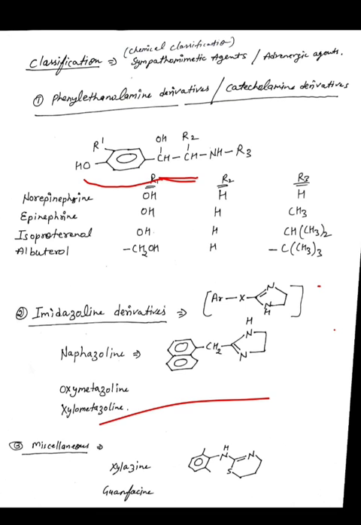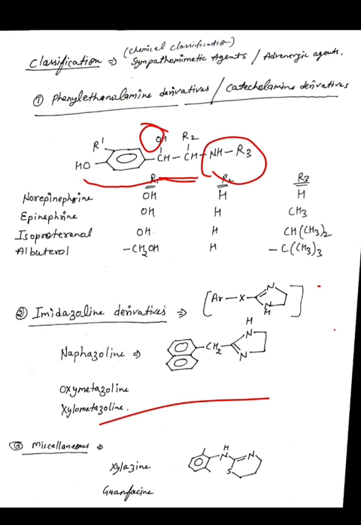There is an OH group on the top, which corresponds to the alcohol moiety, and there is an amino group, NH group, so this goes to the amine. So the general name becomes phenylethanolamine.